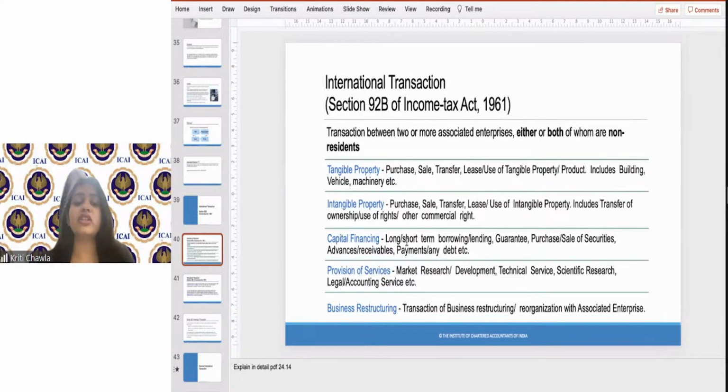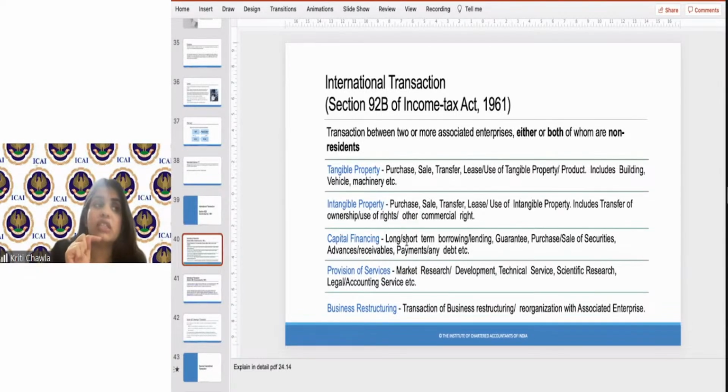Then international transaction is very widely worded, and they say that even if one enterprise is providing a loan to another enterprise, so if a parent entity is giving a loan to the subsidiary company, this is also an international transaction. If a parent entity is giving a guarantee to a bank on behalf of the subsidiary company, this is also an international transaction.